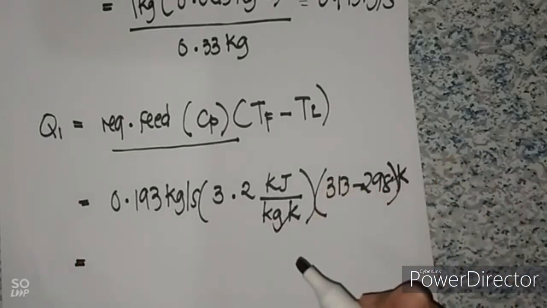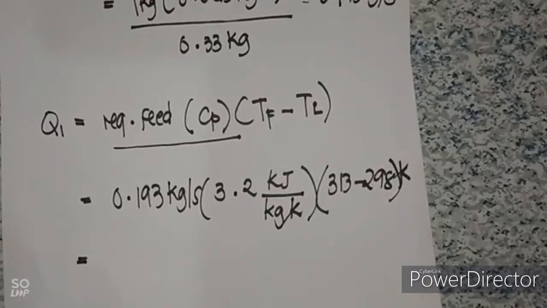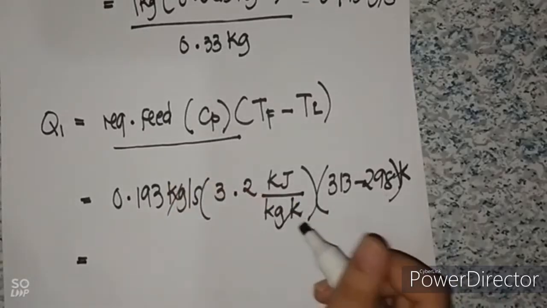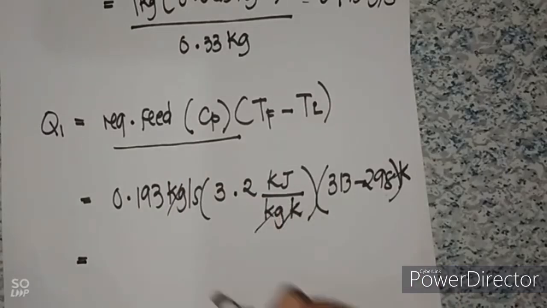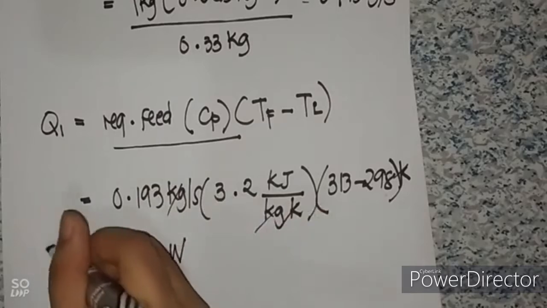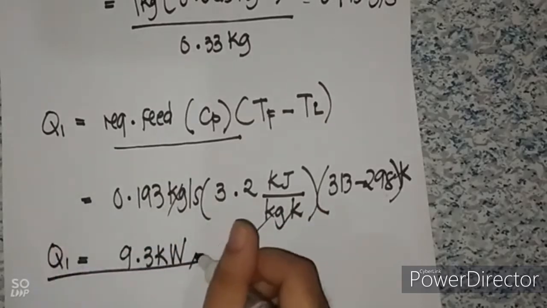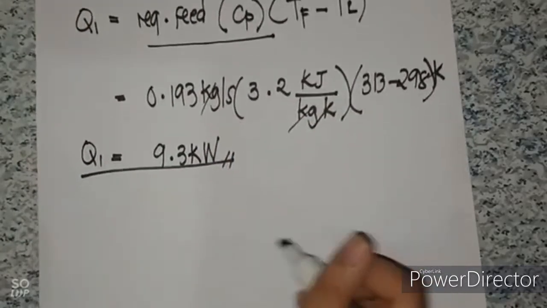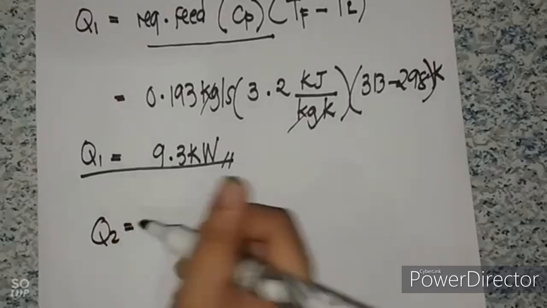We cancel the K and the kilogram units, so we are left with kilojoules per second or 9.3 kilowatts. So that is our Q1.